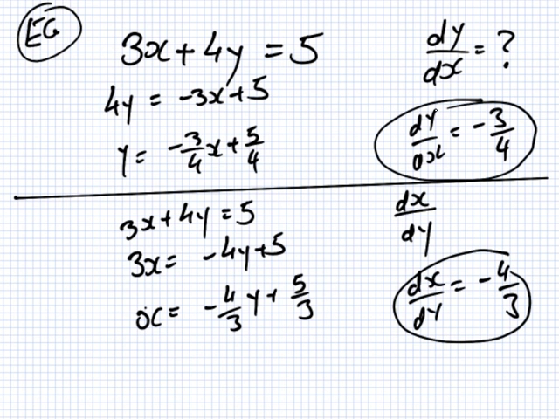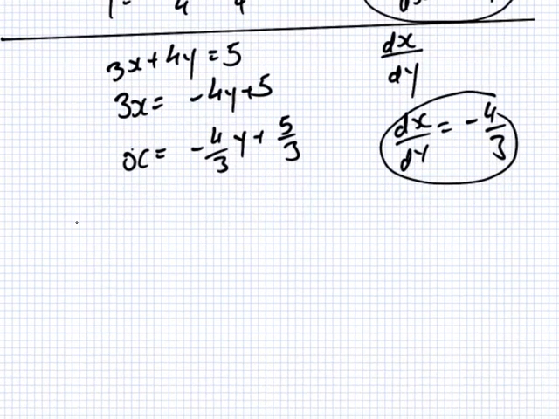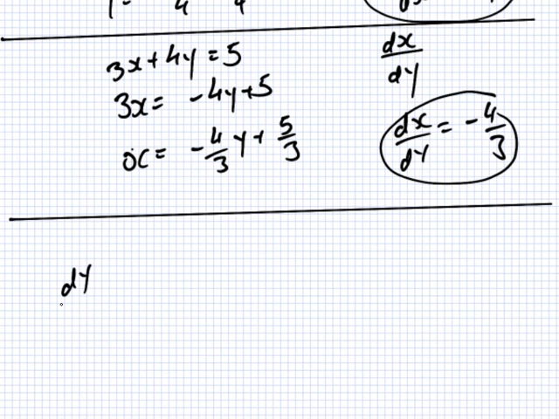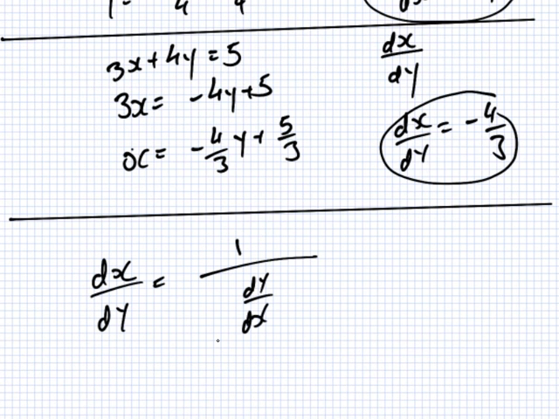Notice anything? It's just flipped. So in other words, dx dy is just 1 over dy dx. You've got to be careful. Sometimes in the exam, not often, it's only happened.